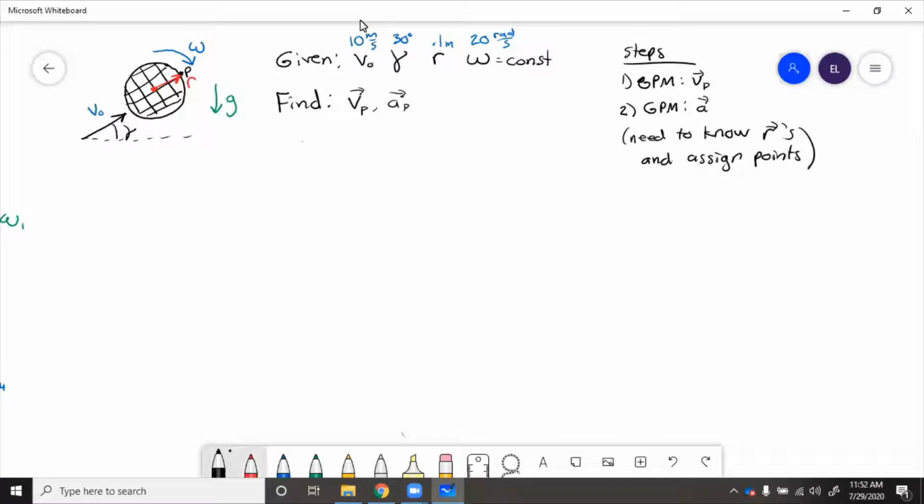So let's say this point, the center of the ball, we'll call that C. Because we know velocity of C, it's this initial velocity.